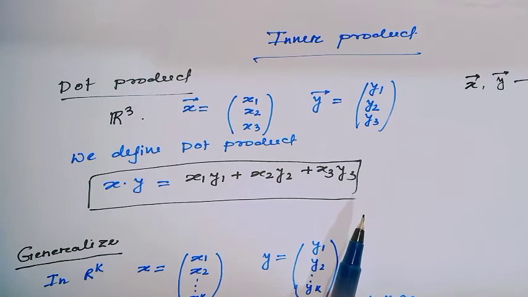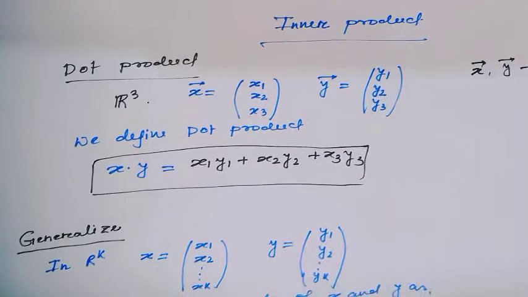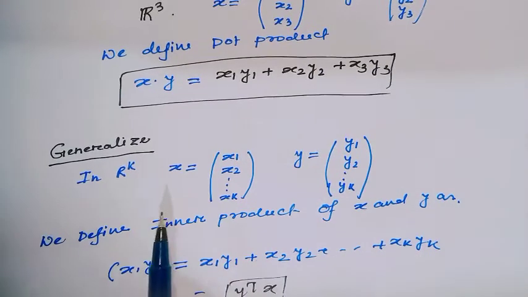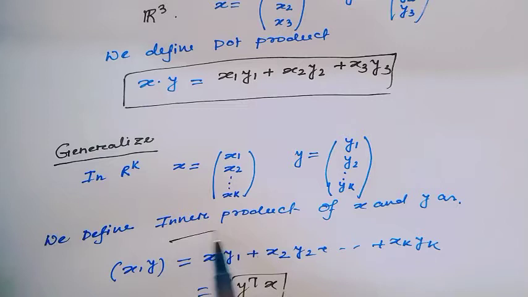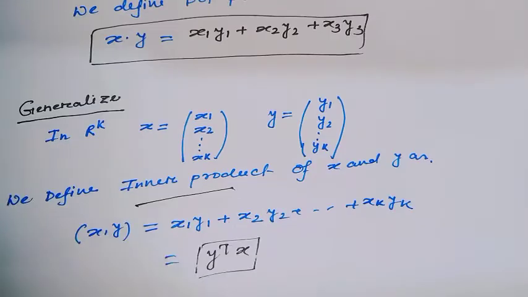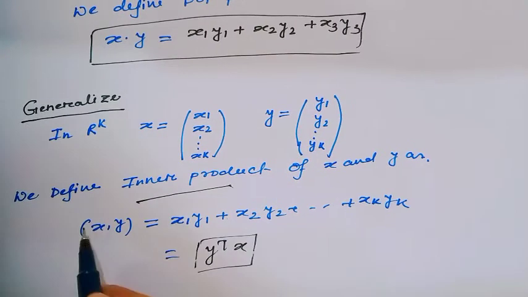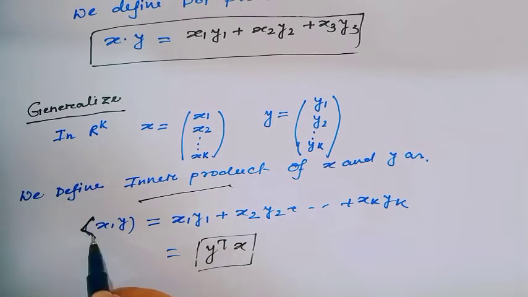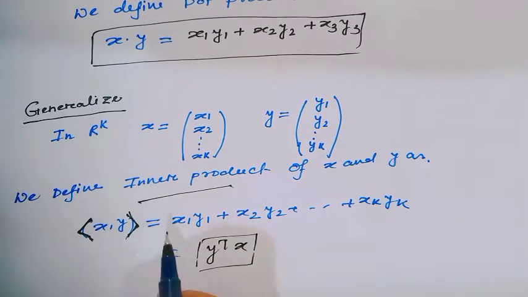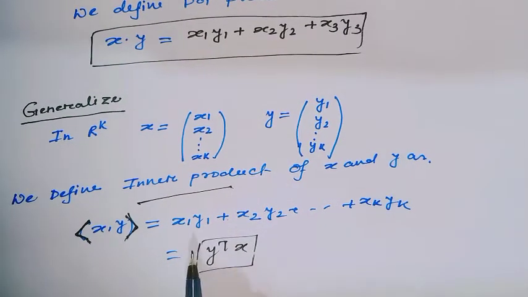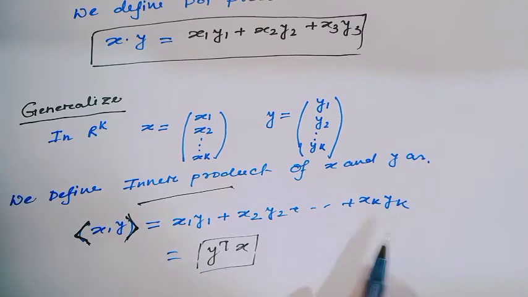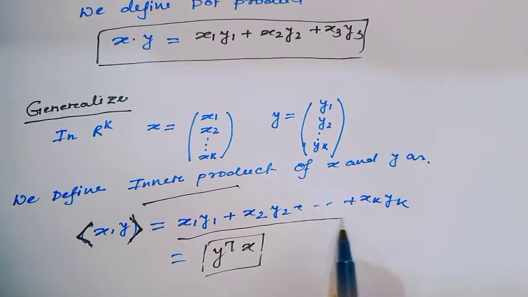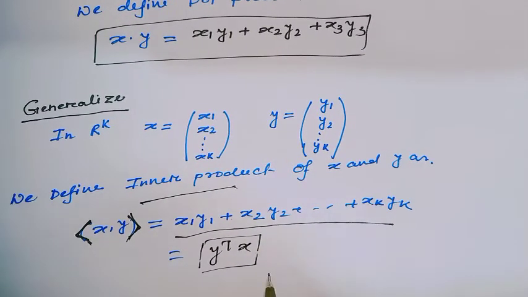Actually inner product is a generalization of dot product. So if we consider Rk, then we refer to this dot product as an inner product, which is defined as inner product of x comma y equal to x1 y1 plus x2 y2 up to xk yk, and this expression is nothing but y transpose x.